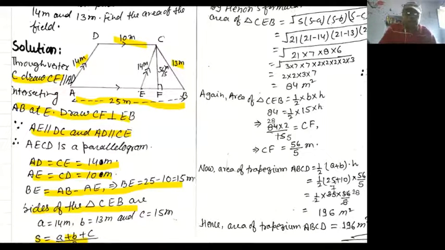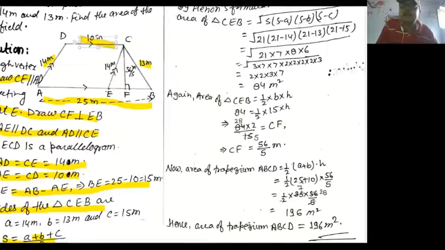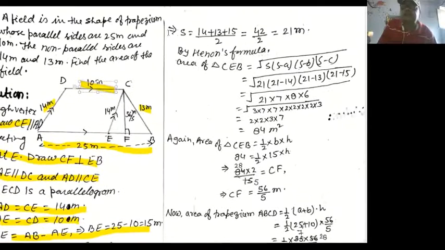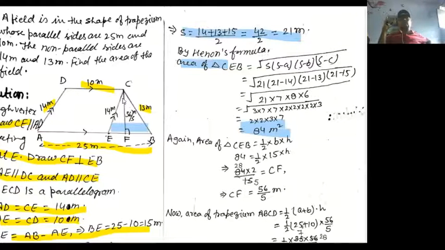Now use Heron's formula to get area. The area of triangle we get, you can see, 84 meter square. Using Heron's formula, we get area of triangle is 84 meter square.